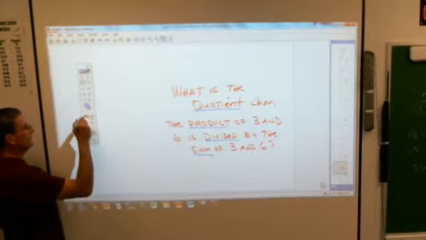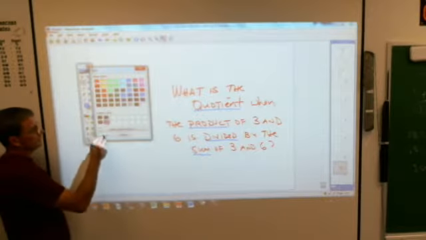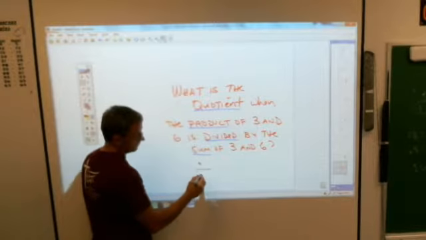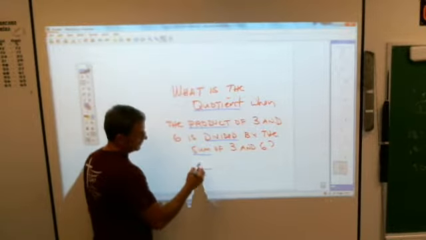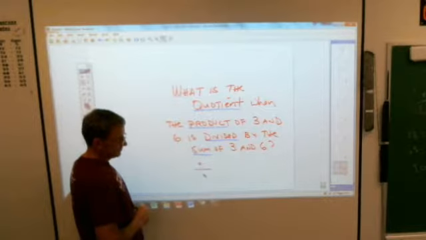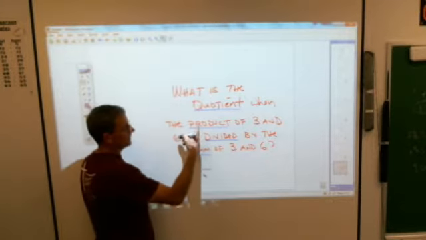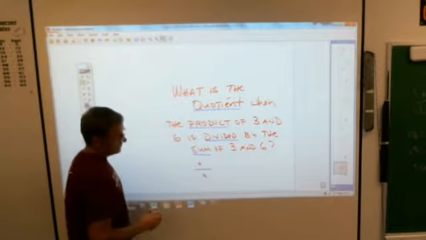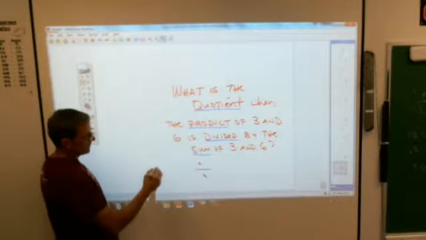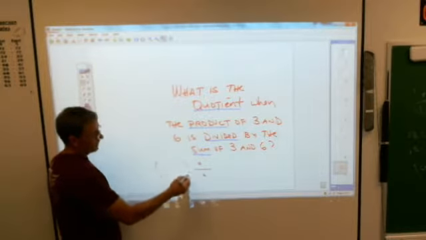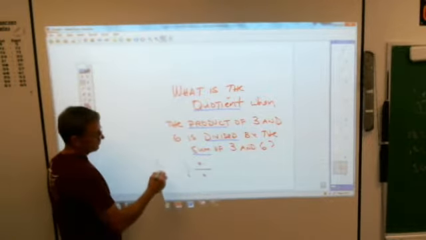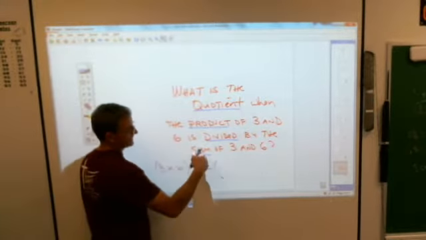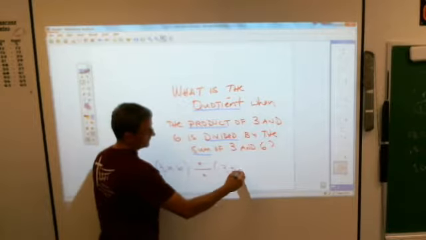First of all, what type of problem is this? Well, the first thing it says, what is the quotient? So you know this is a division problem. And what two things are getting divided? The product of this is getting divided by the sum of that. So really in math you should show it like this, because you have to do the product first. The product means multiplying. You multiply 3 times 6, and you're dividing it by a sum of 3 and 6.